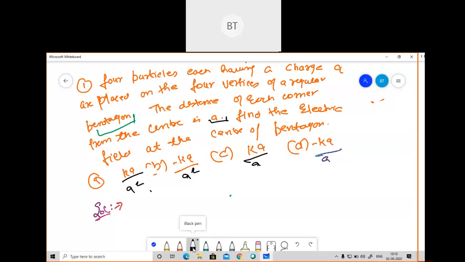So any idea? Based on the direction only, you have to give me the answer. If you find out, please tell me.